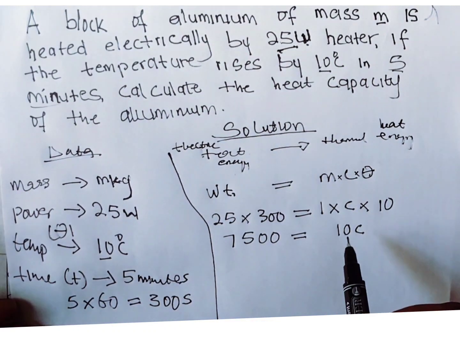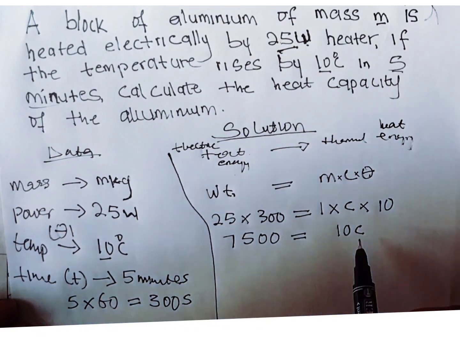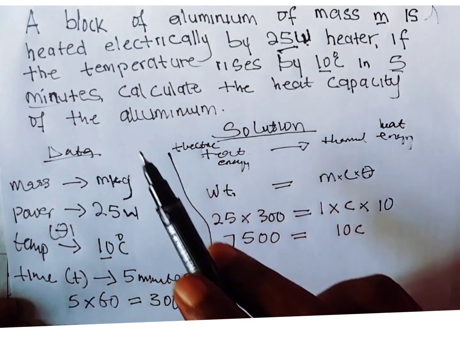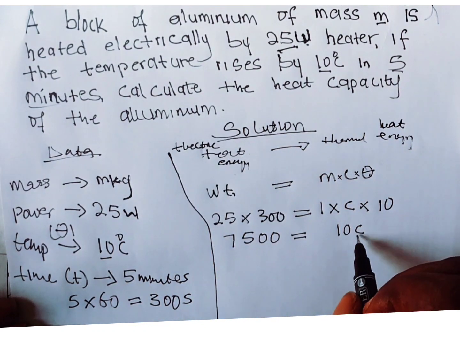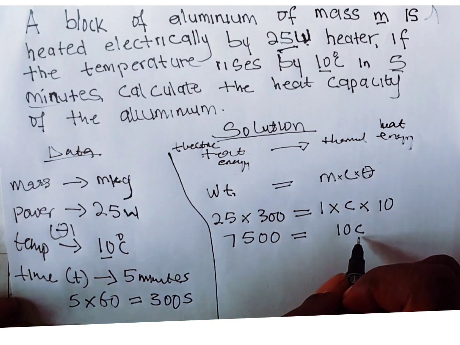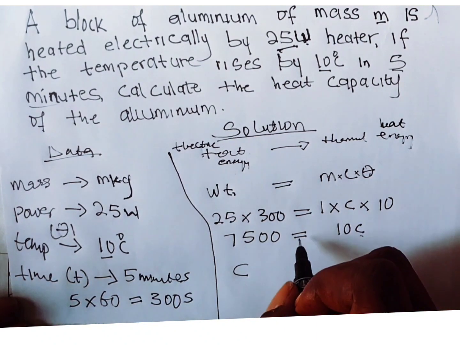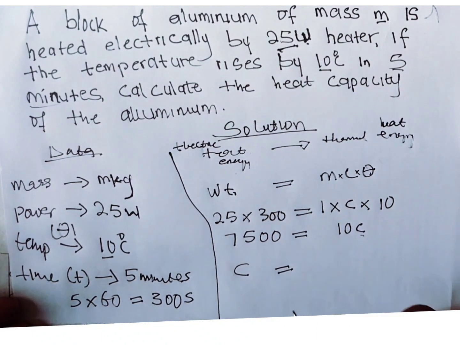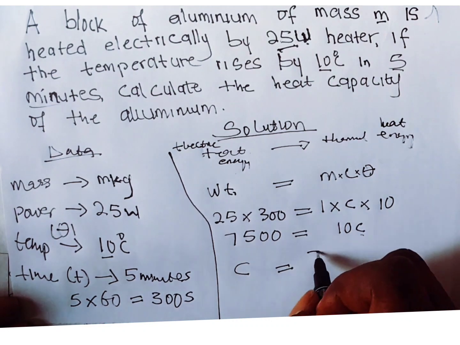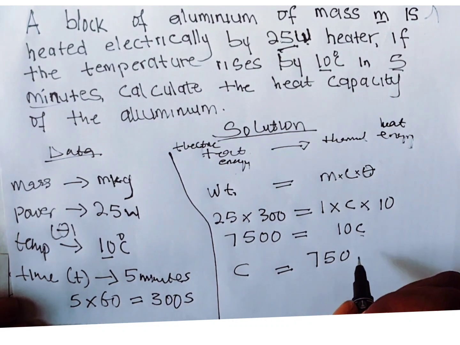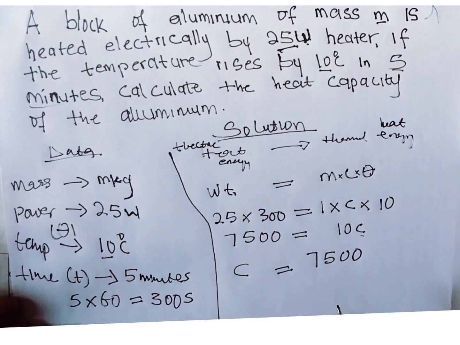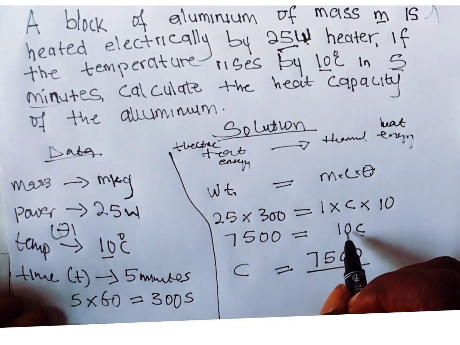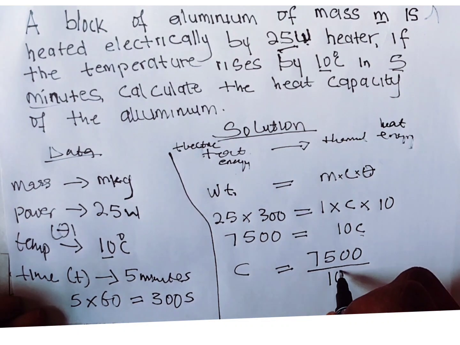Since we are solving to get the value of C, which is the heat capacity of aluminium, we make it the subject of the formula. So C is equal to 7500 over 10.